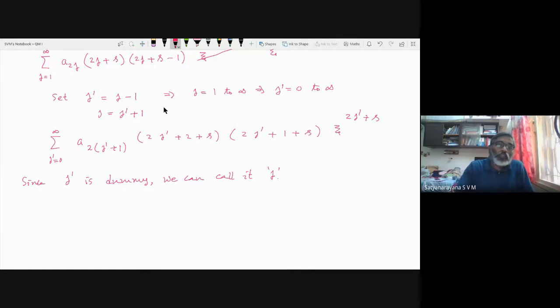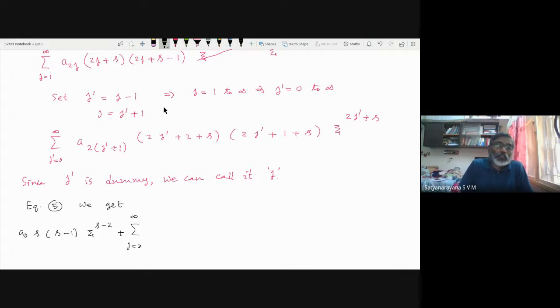So then equation 5 we get: we have a0 s into s minus 1 into xi to the power s minus 2, plus the sum over j equal to 0 to infinity.